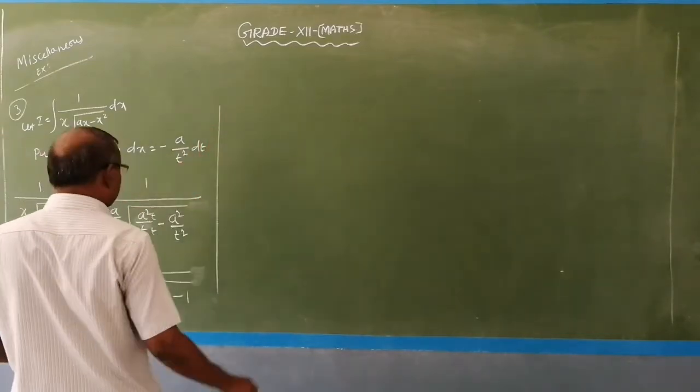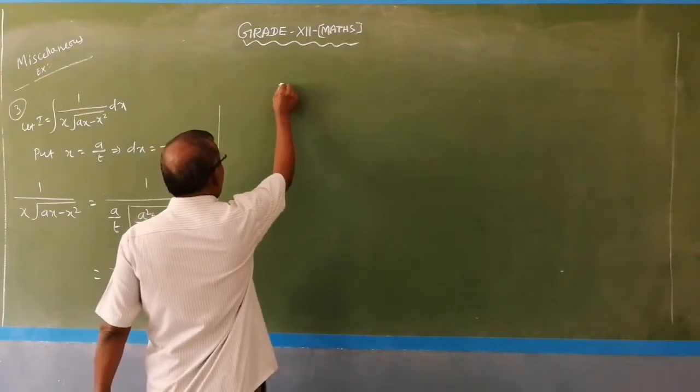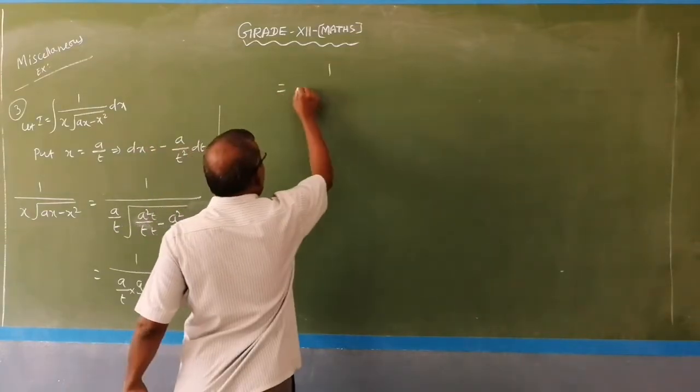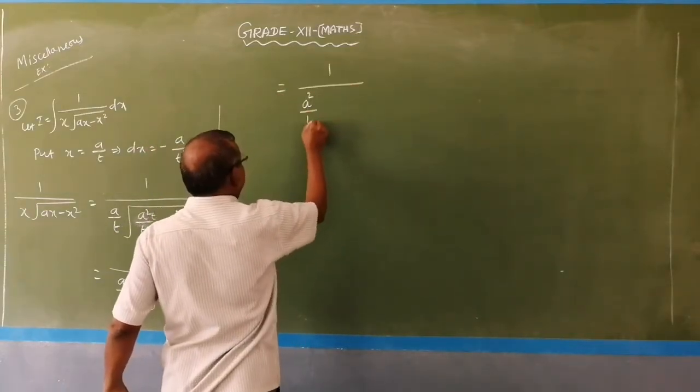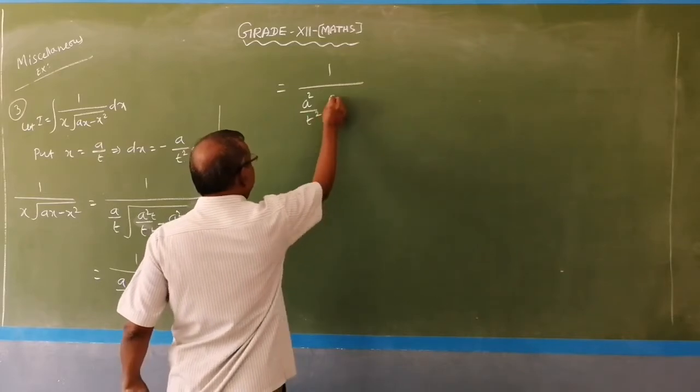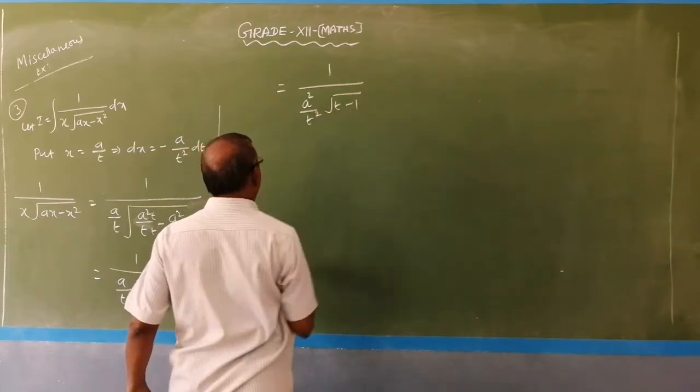Now this is equal to 1 by a square by t square into root of t minus 1.